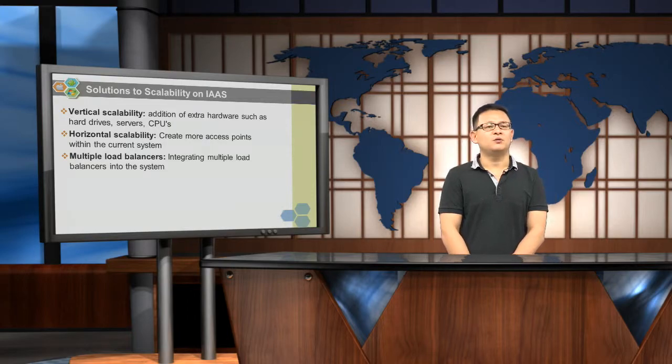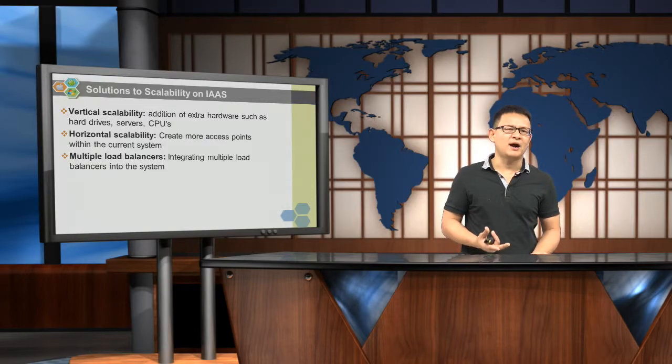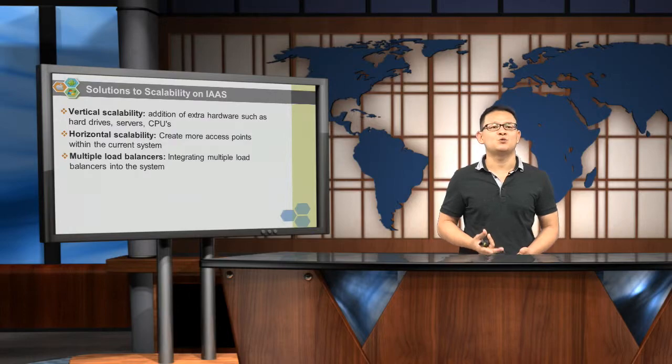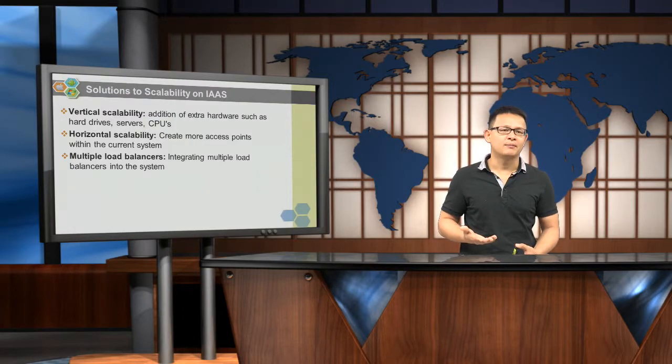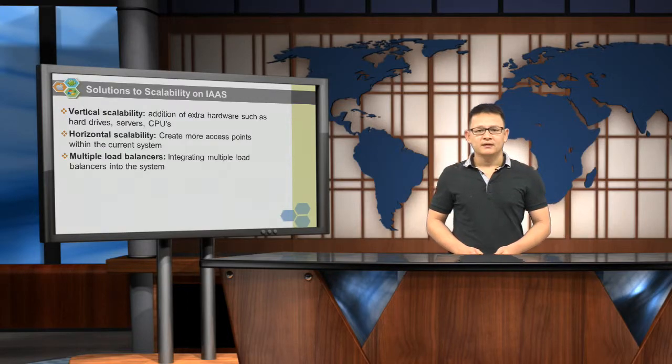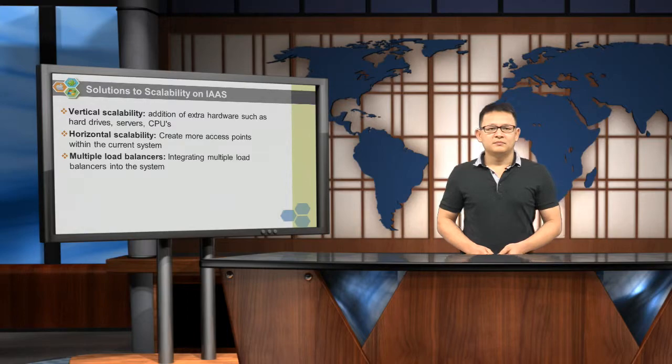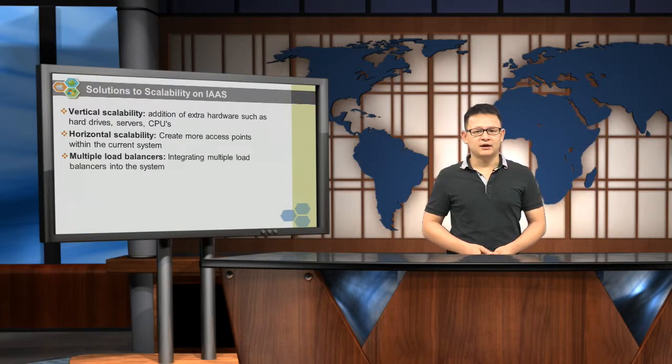Okay, so what is the solution? Because I think scalability is one of the most important features of the IaaS. So you can see the definition. So how can we provide these scalability features? Here we have three solutions.